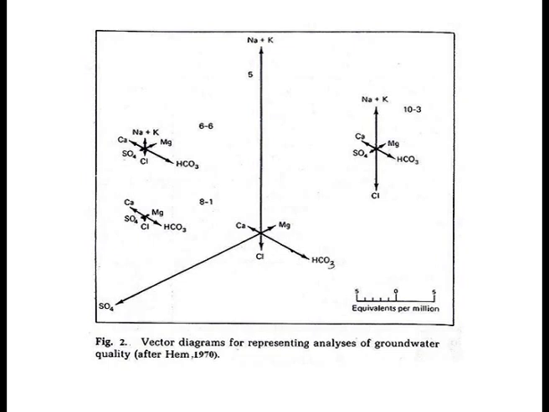Suppose 1 centimeter equals 1 EPM, we can plot all the concentrations according to this scale and prepare the vector diagram. For preparation of the vector diagram, the location of sampling stations must be done. On the location map of sampling stations, these diagrams are drawn. So, this is about the vector diagram.